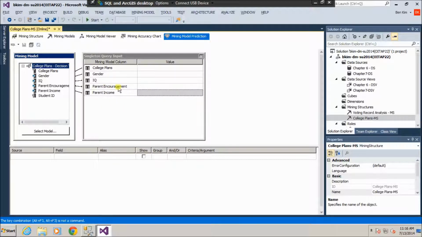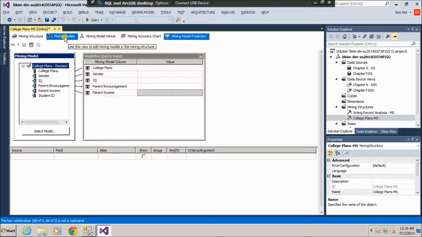One is IQ, the other one is parent income. So let's create a regression model to predict parent income based upon one numeric data, IQ, and the other qualitative data, including college plans, gender, and parent encouragement.